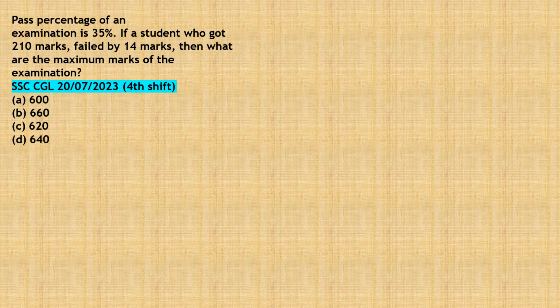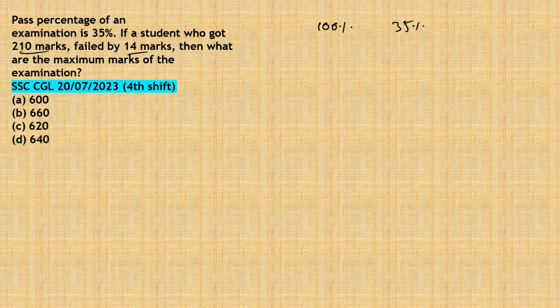The pass percentage of an examination is 35%. If a student who got 210 marks failed by 14 marks, then what are the maximum marks of the examination? We need to find the 100%. 35% are passing marks.